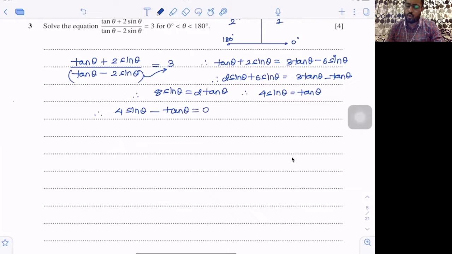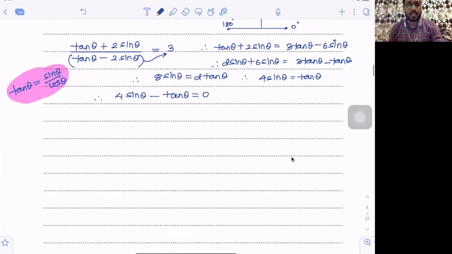But students, don't you all know that tan theta is sin theta upon cos theta, right? So we are all aware of this. Tan theta is equal to sin theta upon cos theta. So I'm going to write the tan theta as sin upon cos. So I write here 4 sin theta minus sin theta upon cos theta is equal to 0.